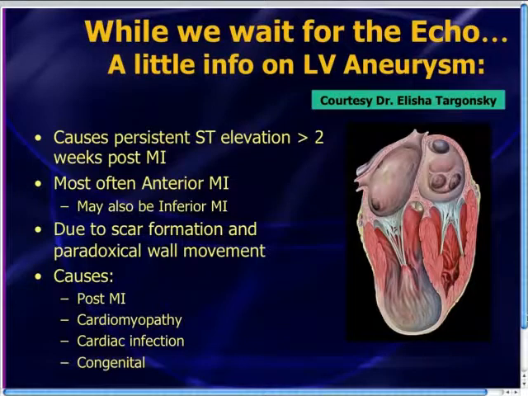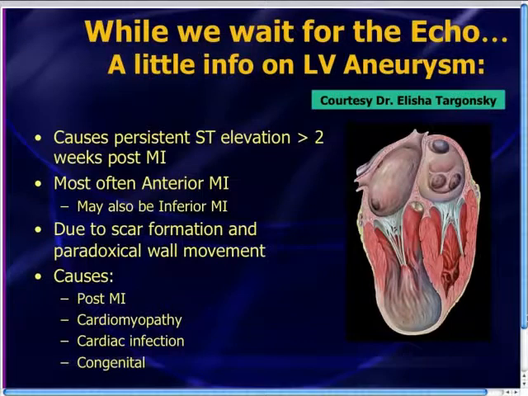Now, Dr. Targonsky actually put together a very nice PowerPoint presentation on this particular topic, and he was kind enough to send me the PowerPoints and allow me to use the content and some of the images that he had in addition to the EKG. So this slide he actually created, although it's on my slide background. There's a few other important points that he wanted to make about an aneurysm that I'm going to share with you all.